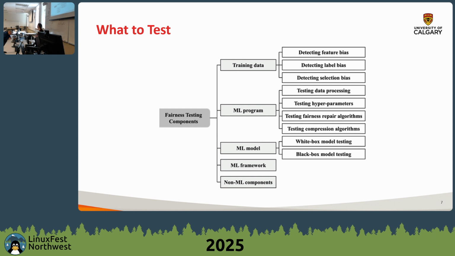Yeah? What's going to be the difference between a program, a model, and a framework? Yeah, this is drawn from a specific research paper. But I think the program would be essentially when you have specific models, you can tune it, do fine tuning with different hyperparameters and so on.